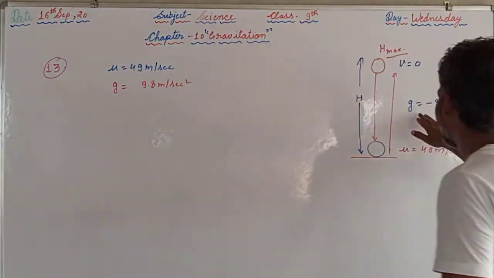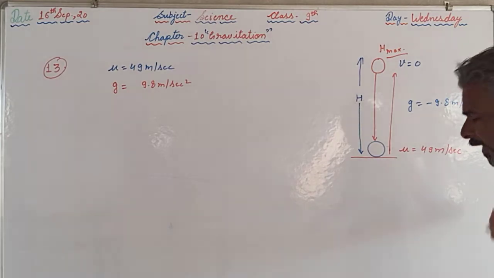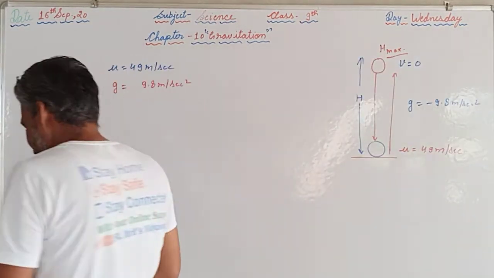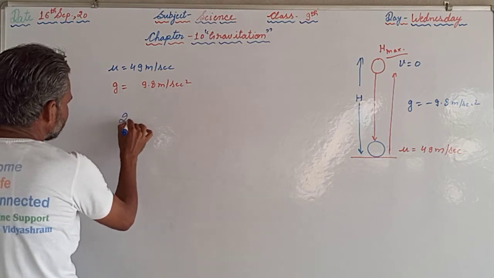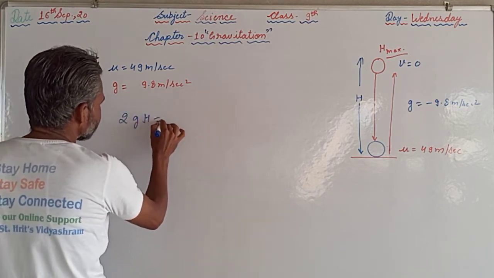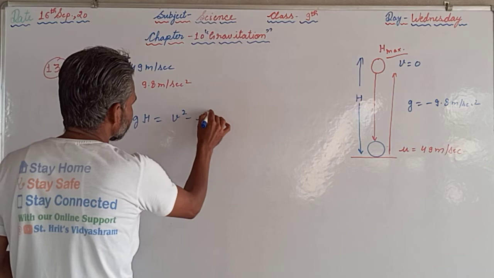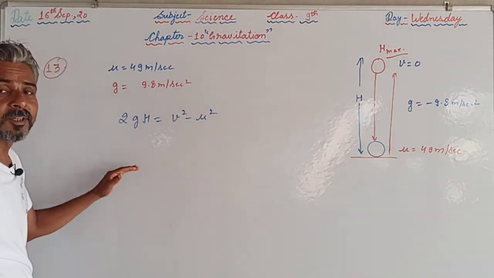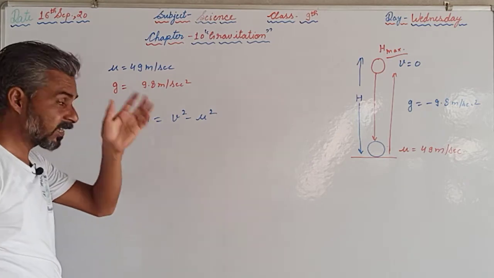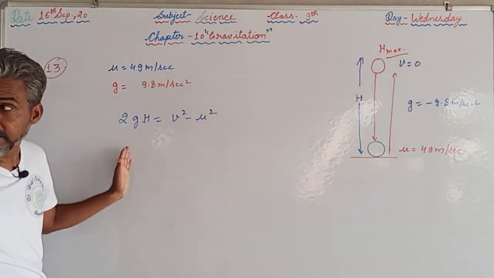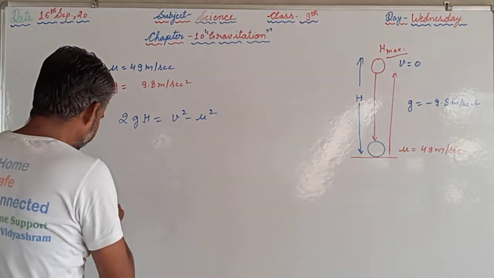So here the value of g will be taken as negative, and we know the third equation of free fall, that is 2gh is equal to v square minus u square. Here in place of s we are taking h, and in place of a we are taking g.